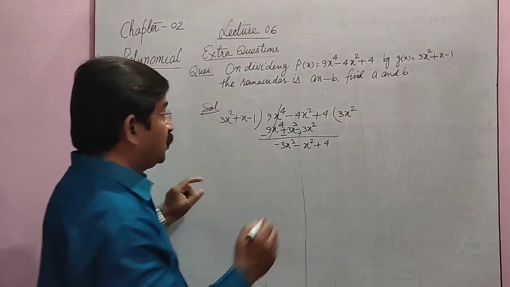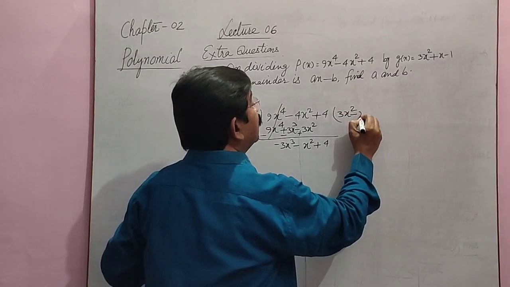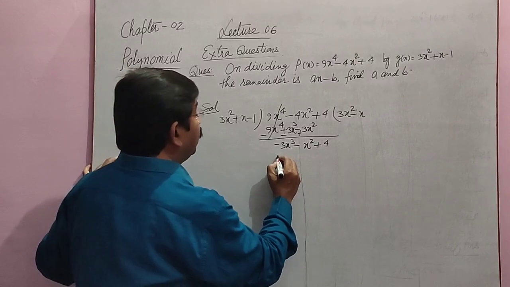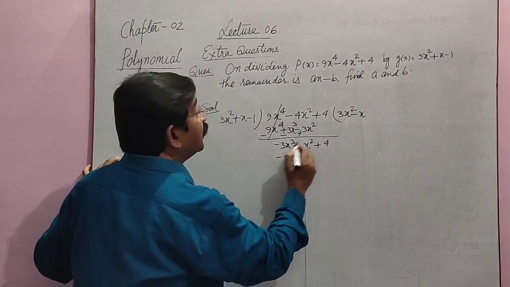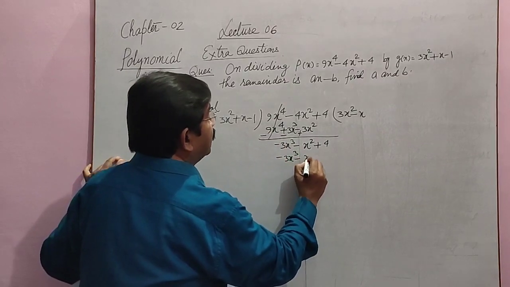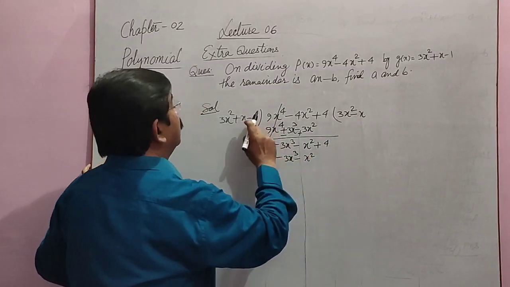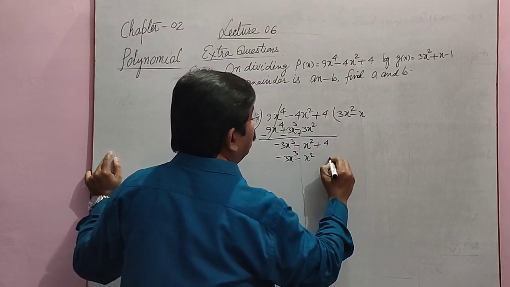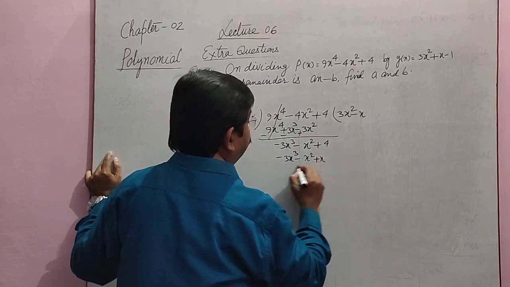Now this minus 3x cube is to be divided, so coefficient is same 3 and 3, minus sign and x cube. So minus x times we divide this. Minus x into 3x square, we have minus 3x cube. Minus x into plus x, minus x square. Minus x into minus 1, plus x. So you can write plus x alone.